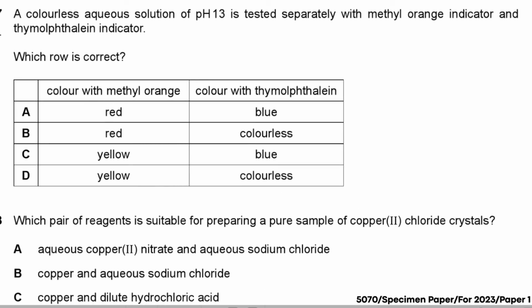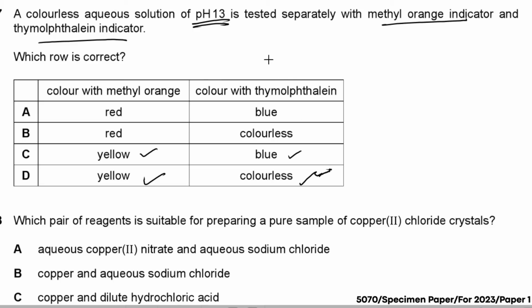Okay, so 27. A colorless aqueous solution of pH 13 is tested separately with methyl orange indicator and thymolphthalein indicator. Which row is correct? Color with methyl orange. Since it's pH 13, it's alkaline, so obviously it's going to be yellow. And with thymolphthalein, we have blue. This is something we do have to know.